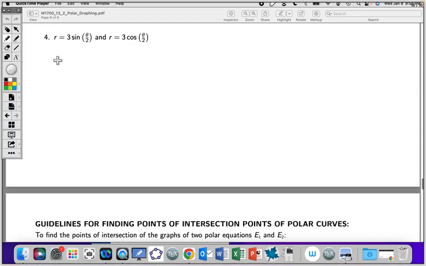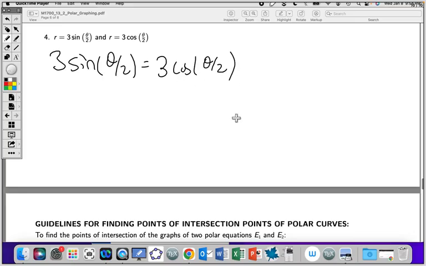Let's set the r's equal to each other and see what we get. 3 sine theta over 2 is 3 cosine theta over 2. You might want to divide both sides by 3 cosine theta over 2 to get everything in terms of just tangent.